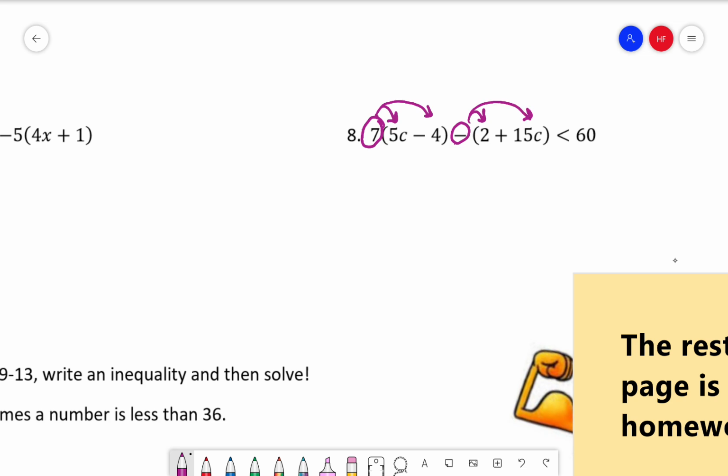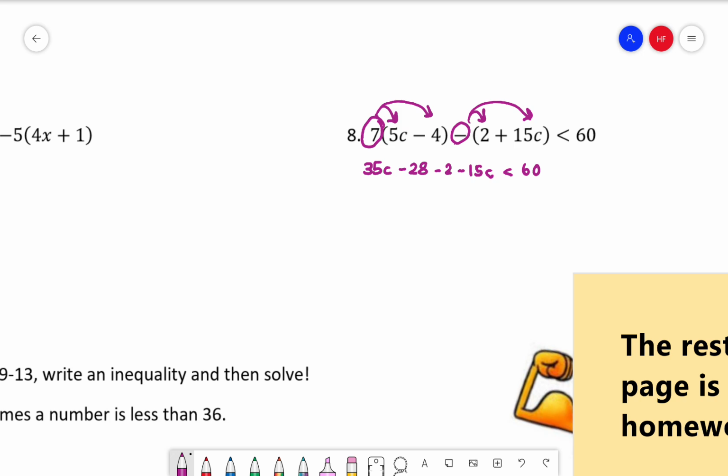So distributing this 7 times 5 is 35. Keep that variable there, so 35c. 7 times negative 4, negative 28. And now we're distributing a negative. So negative 1 times 2 is negative 2. Negative 1 times 15c is negative 15c, less than 60.